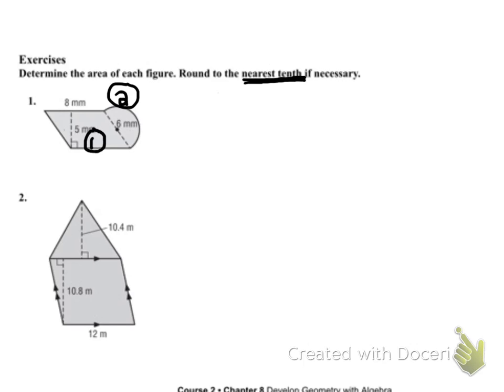So the area of a parallelogram equals base times height. The base, which is just like the top, 8 millimeters, is B, and H is 5 millimeters.